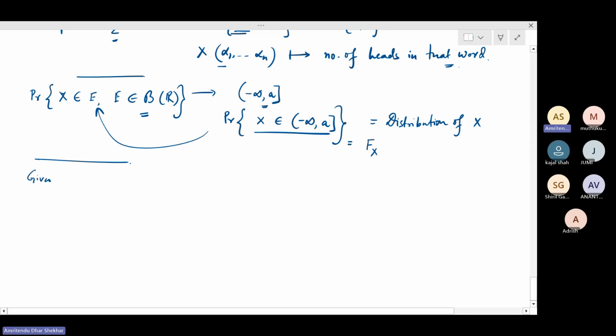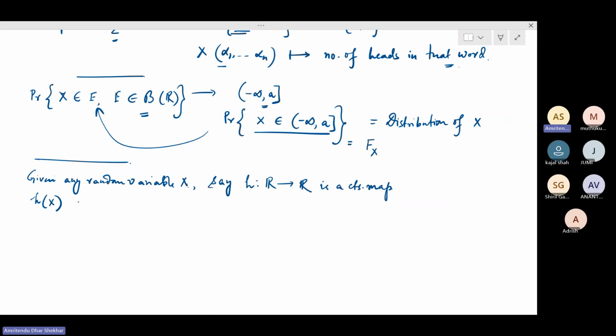Given any random variable X, say H from R to R is a continuous map.